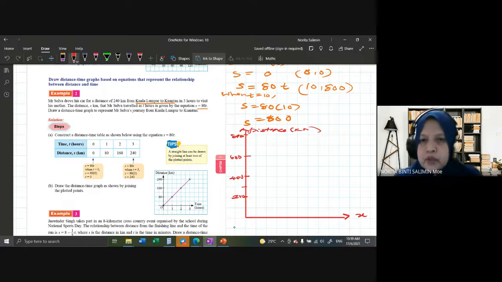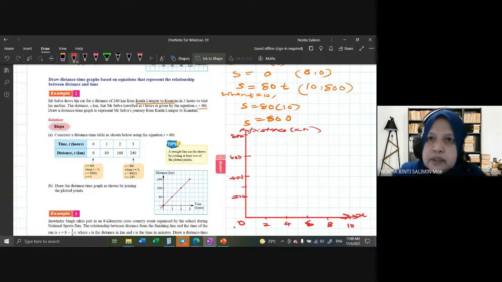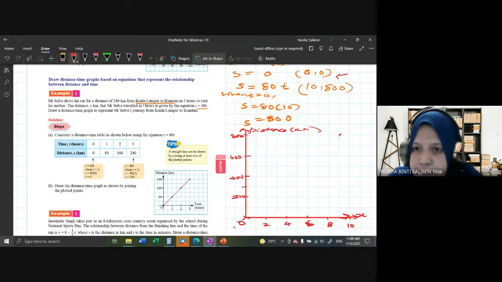So we start with 0, then 2, 4, 6, 8, and this one is 10. We start with the first coordinate (0, 0) here, and at 10 it is 800, 10 is 800 here.